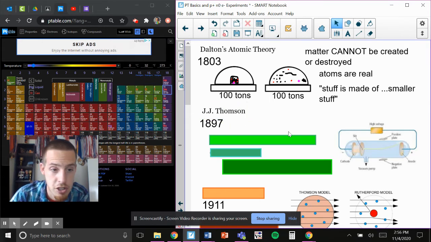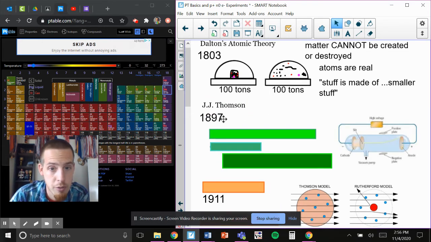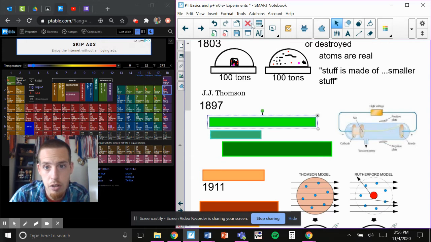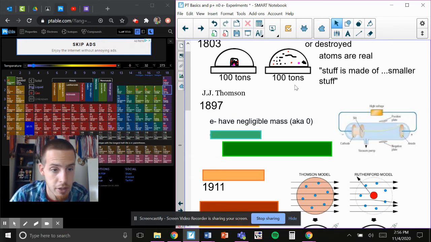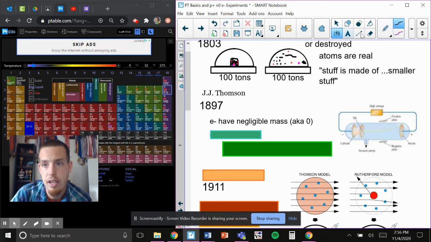The next one was Thomson, which was about 94 years later. And he's the one who, as you guys know, came up with electrons. Here's what he did. He had a cathode ray tube, and again, his cathode ray tube experiment. And the cool thing that he did was he had this electricity flowing through, and he had magnets.